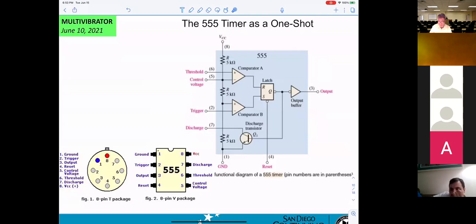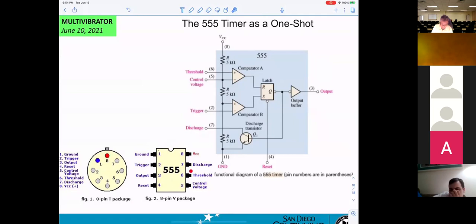Okay, so that is a 555 timer. It's also a one shot, which means it gives an output of just one portion. Or it can be astable, which means it can give a signal coming out like an oscillator. Now you can see this is the IC here.